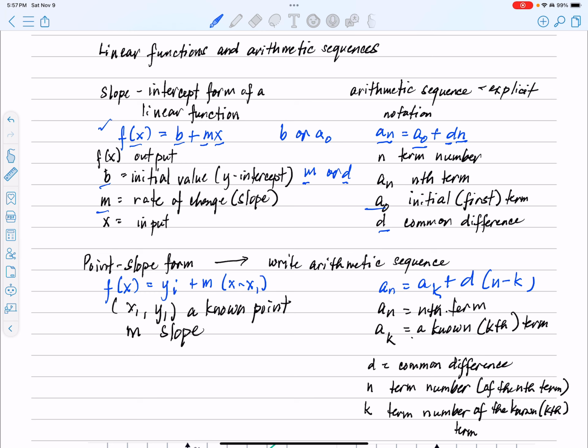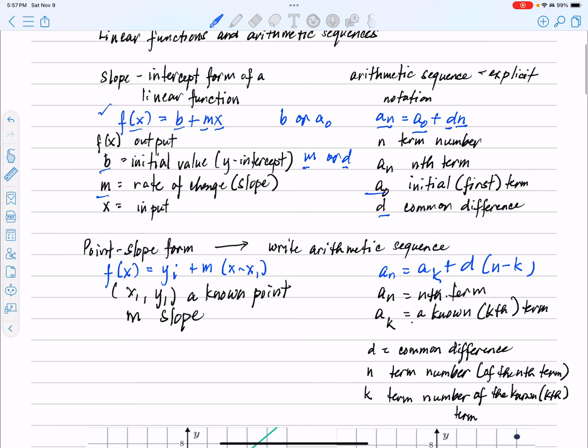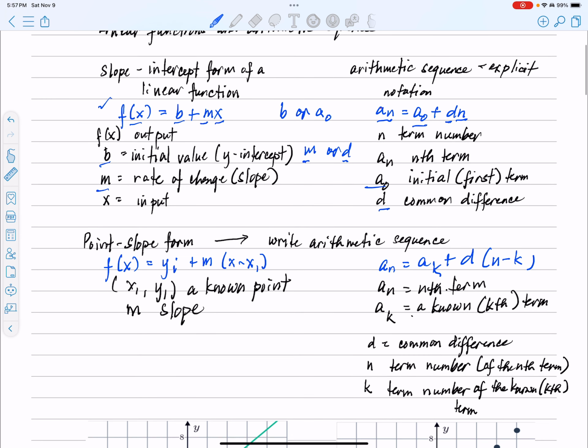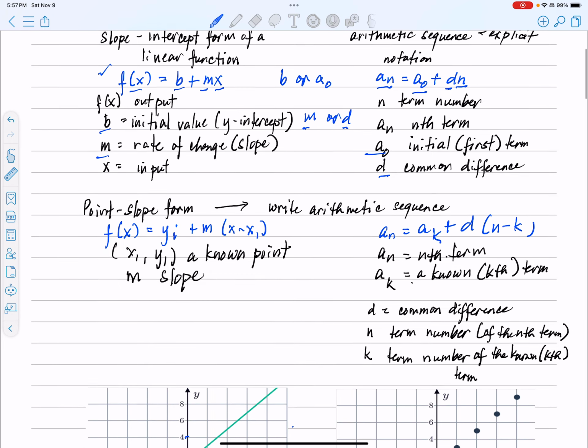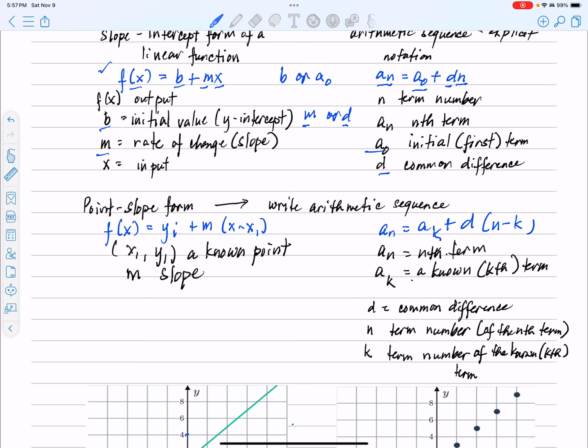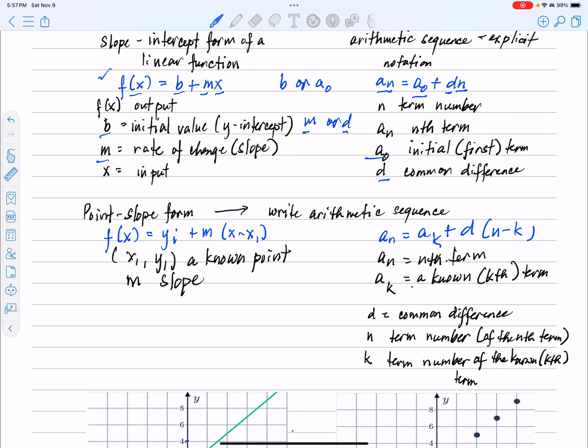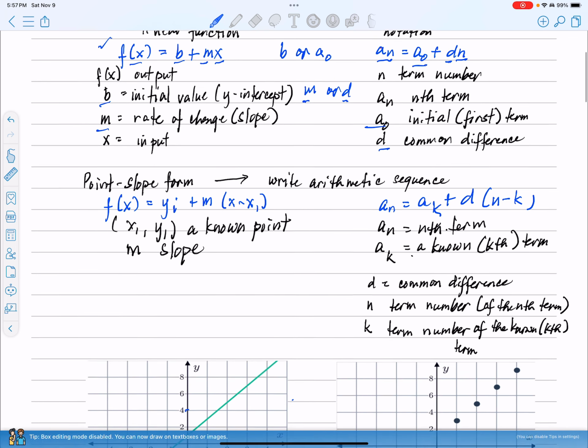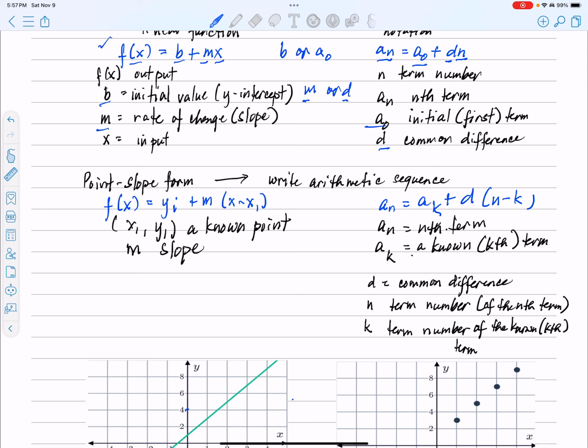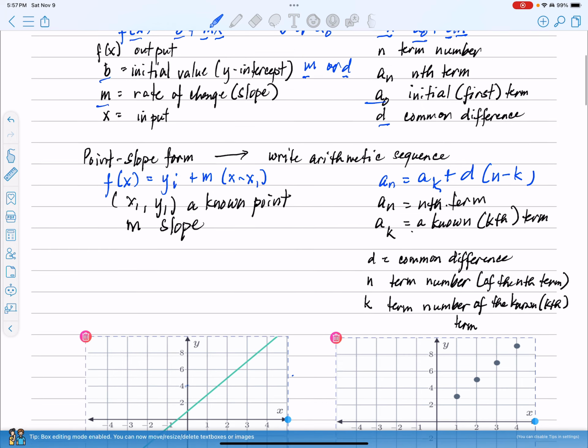So if there is no starting initial value, then we can transform this equation of f of x equals b plus mx into the point-slope form, wherein you have f of x equals y initial plus m times x minus x1, where you have a point x1, y1 as the known point, and you have the slope.